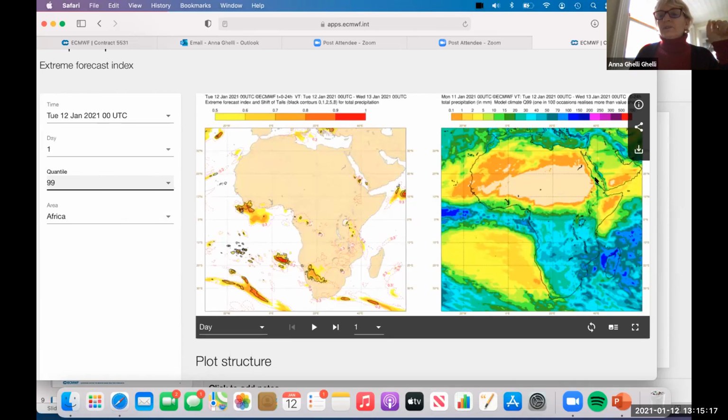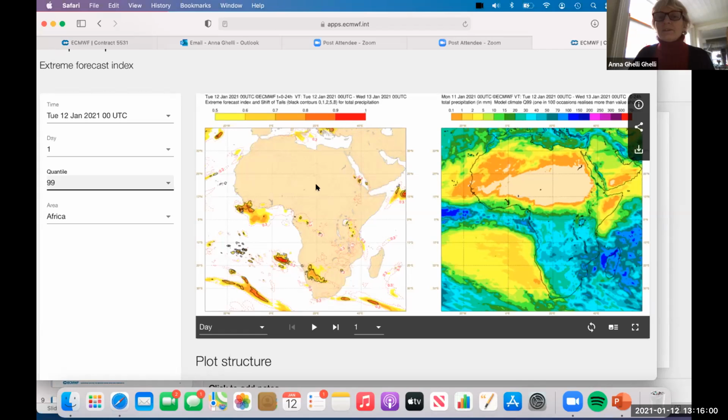The precipitation here, in the more extreme cases in the climate, is actually of the order of 5 to 10 millimeters. So there's no point in looking at the precipitation for the EFI and looking at quantile 1 of the climate, because quantile 1 of the climate would probably be very close to the standard climate that you would expect in the area. Specifically in Africa, you obviously have very little precipitation, especially in this area here.